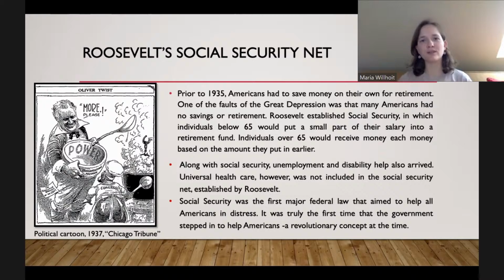It's truly the first time that the government is stepping in to help Americans, not so they can get something out of it. The government really doesn't in terms of money, but it's the idea of, we need to help our citizens. We need to make sure that they have food and shelter, maybe not healthcare, but food and shelter.